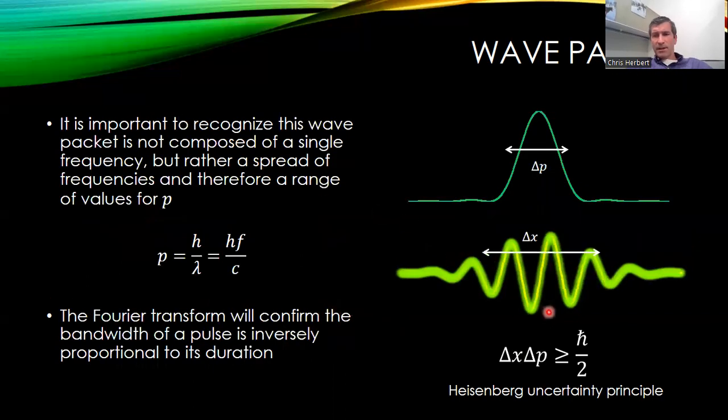One way to picture this is if we take our little wave packet again, just a model for what we think of these particles with a wave nature. And we look at the frequency. If we do a frequency spectrum of all the different oscillations that are in here, what we find is we don't have a single frequency.